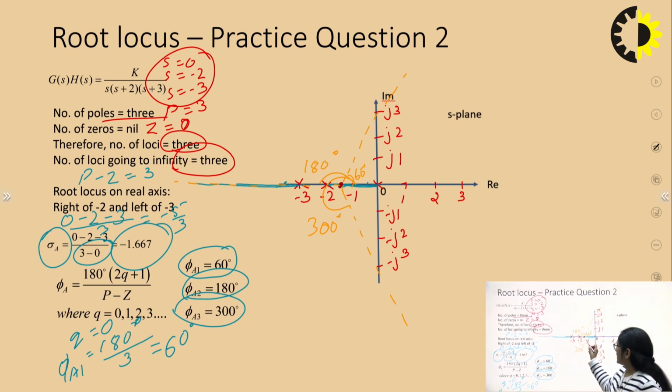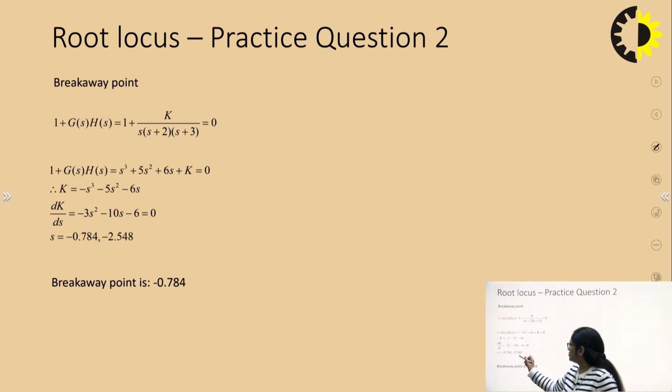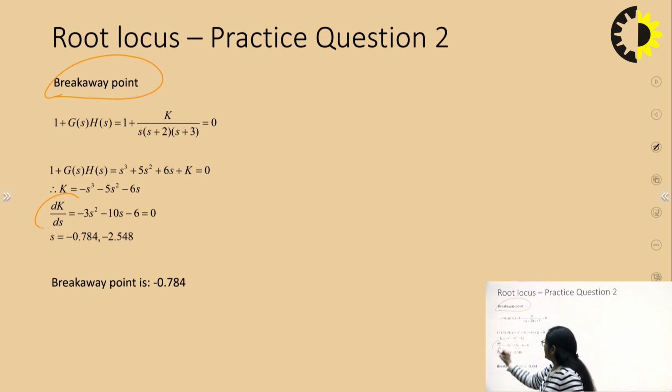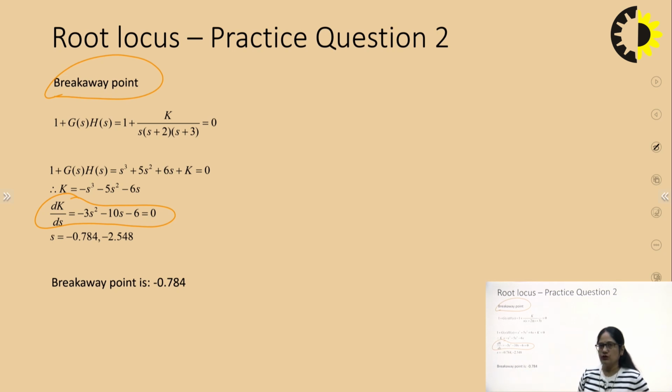Now, to find the breakaway point, because here we have 2 asymptotes which are going towards infinity, and what will be its value, we need to know the breakaway point. The formula for the breakaway point is dk by ds, which we have to find out and equate to 0.